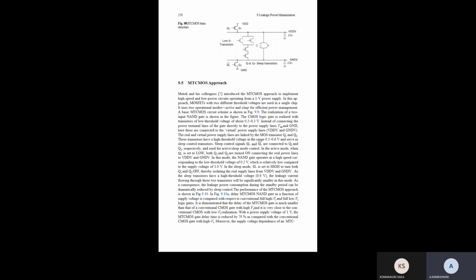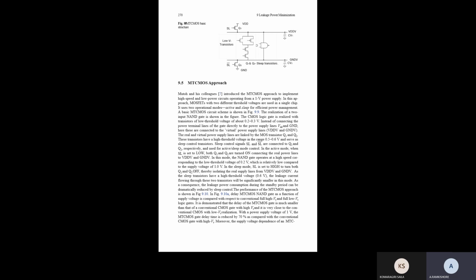In sleep mode, the real supply lines are isolated from VDD and ground, and the leakage current flowing through these two transistors will be significantly smaller. So the leakage power consumption during the standby period can be dramatically reduced by sleep control.